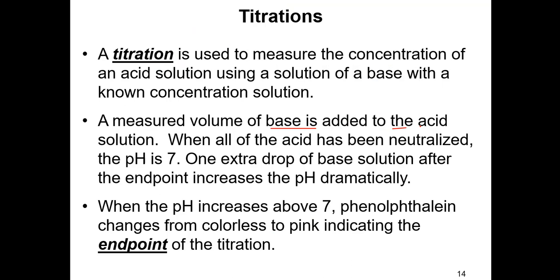So a measured volume of base is added to the acid solution. When all the acid has been neutralized, such as when the pH equals 7, then we've reached the equivalence point. If you go one extra drop past the equivalence point, then you've reached what's called the end point.